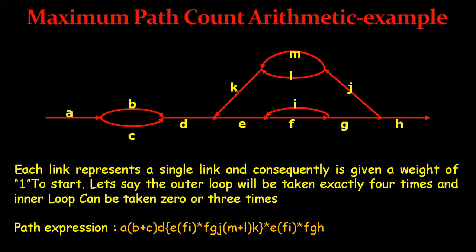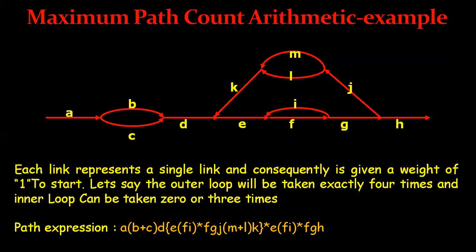Let us say that the outer loop will be taken exactly 4 times, like we discussed in the earlier video, and the inner loop can be taken 0 or 3 times. By using the node removal algorithm, we derived this particular path expression by removing nodes one by one. Now let us see how we can calculate the maximum path count.